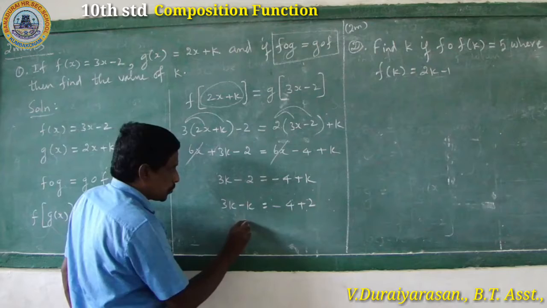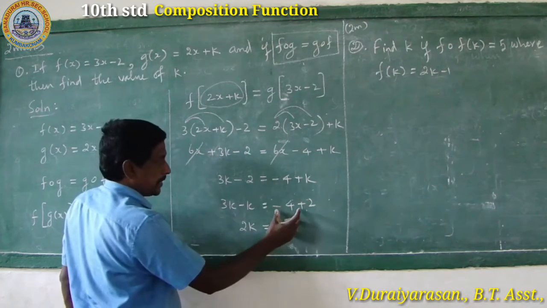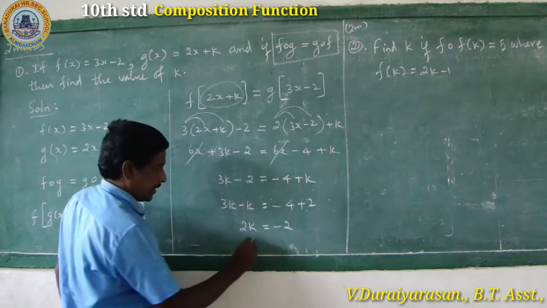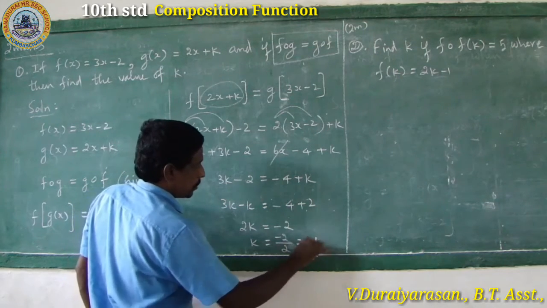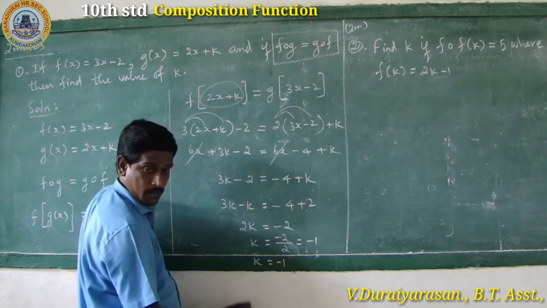So 3k minus 1k equal to 2k. Minus 4 plus 2, the different sign, so minus 2. Transpose 2: minus 2 divided by 2 is equal to minus 1. What is the value of k? k is equal to minus 1.